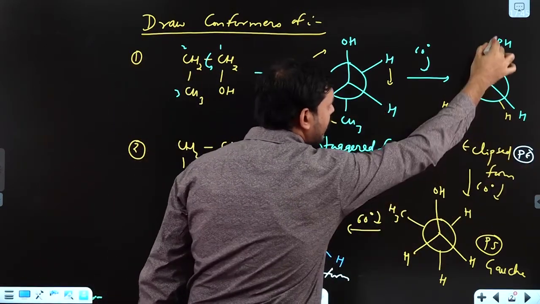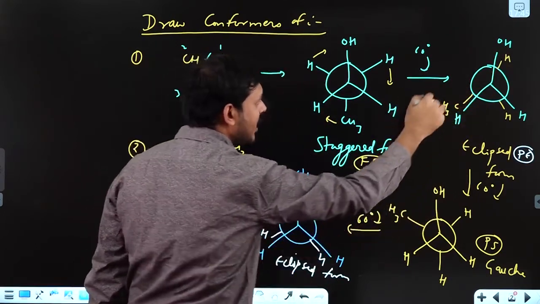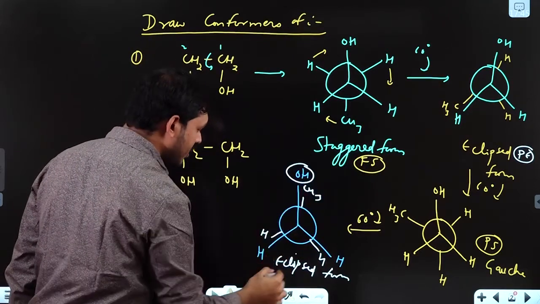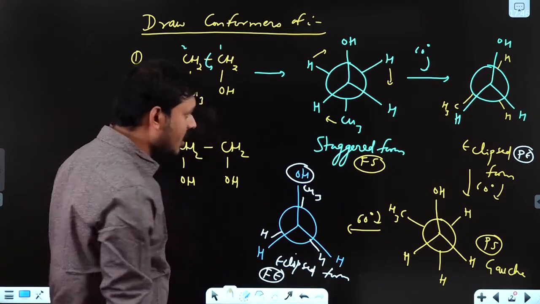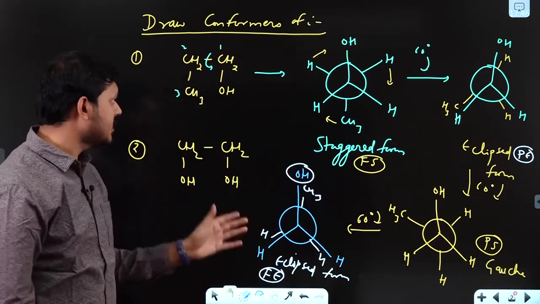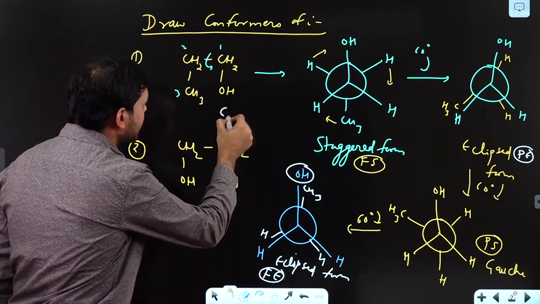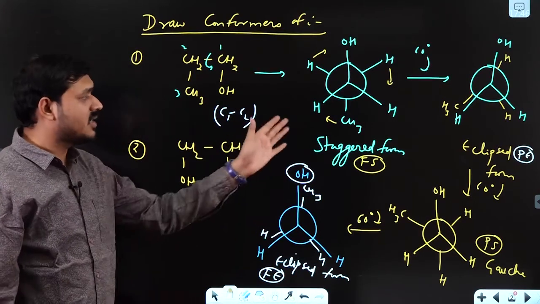Why? OH and CH3 are both bulky groups, but here they are not eclipsed with one another, whereas in the other both are eclipsed with one another, so that is fully eclipsed. These are the 4 possible cases for propan-1-ol across C1 C2.